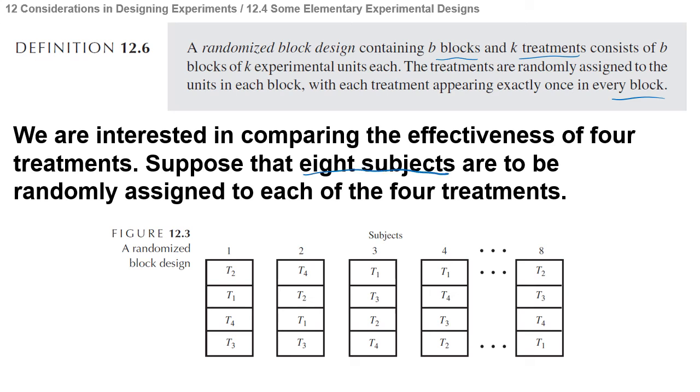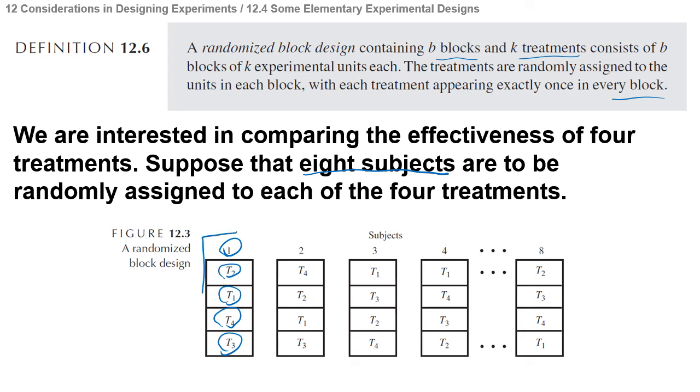To test the effectiveness of 4 treatments, this is patient 1, and for patient 1, we have treatment 2 first, treatment 1 later, and after that, we take treatment 4, and then treatment 3. So this is a randomized block design.